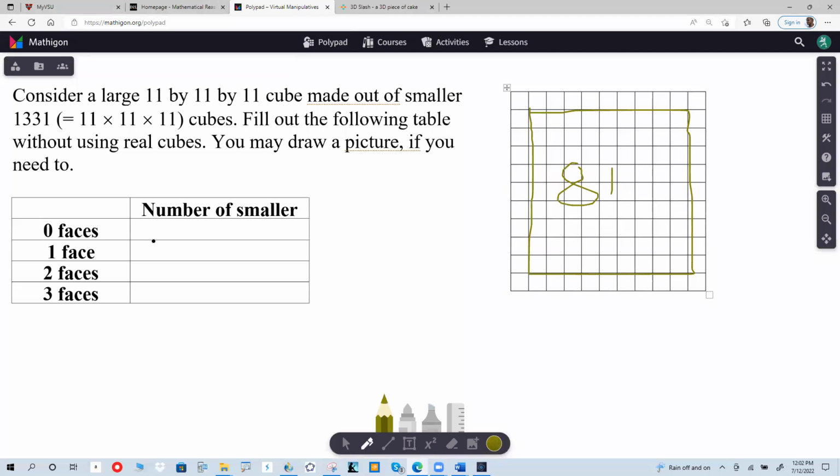But it really should be 6 times 81, and that turns out to be 486. Let me check. Yeah, that sounds about right. Two face showing cubes are on the edges. There are 12 of them, and there are 9 per edge. Where's 9 coming from? 11 minus 2.